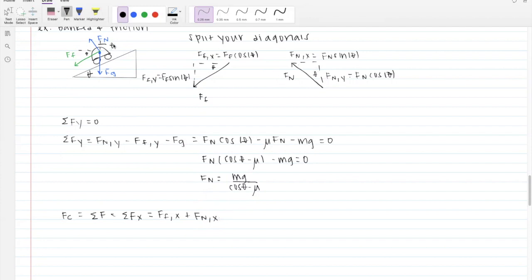Again, these are pointed towards the center of the circle. So these are going to be positive even though they are pointed left. So that's equal to force of friction cosine theta plus your normal force sine theta.